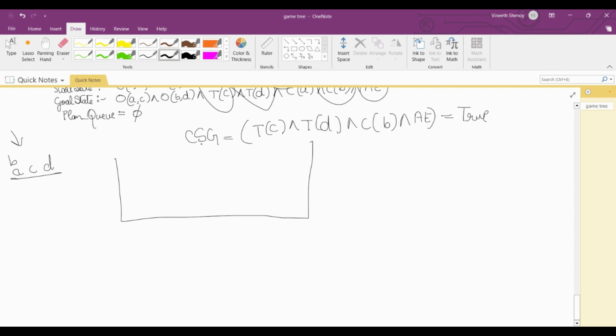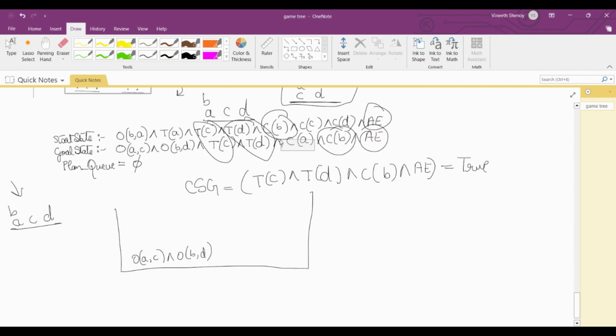First we will write the final goal. What is our final goal? on(A, C) and on(B, D). And is there any other after we took the common ones out? Yes, we have clear(A). So we'll write that over here, and then the CSG.